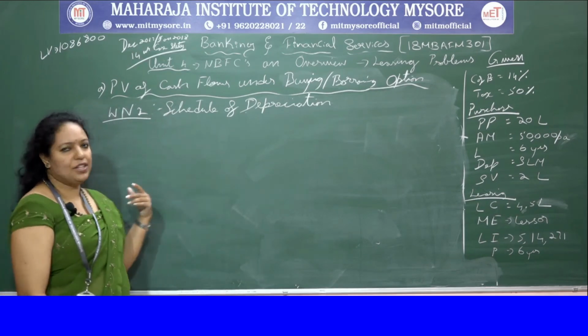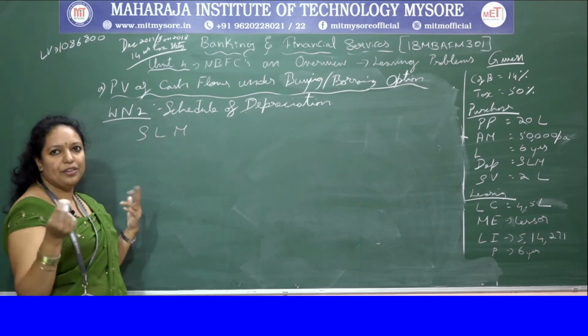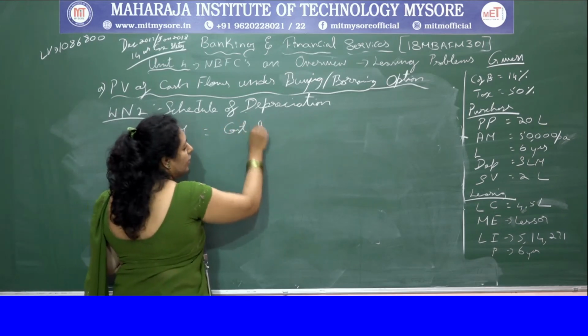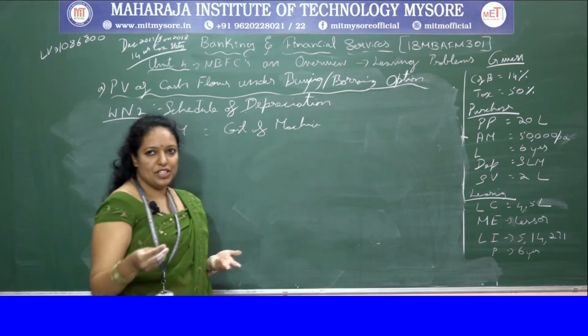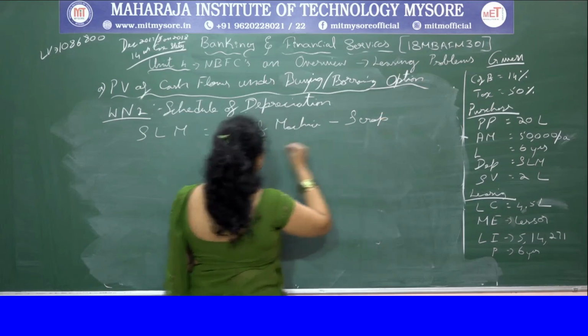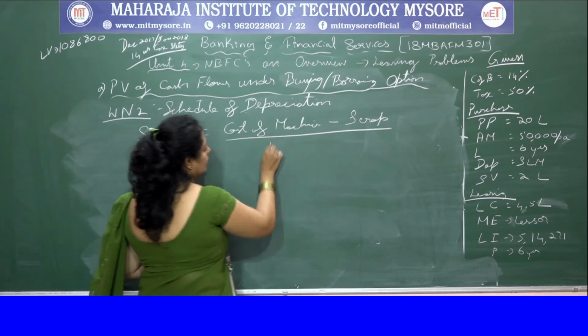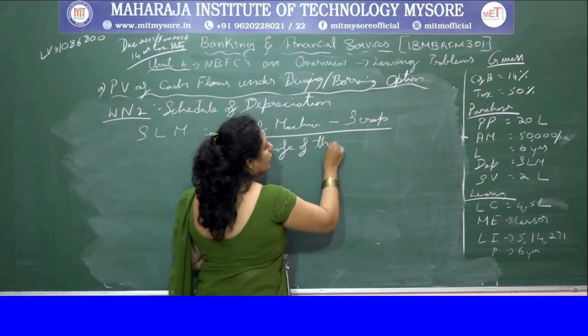I'll write straight line method, SLM. You can write full. Cost of machine minus scrap divided by the life of the machine, or life of the asset.